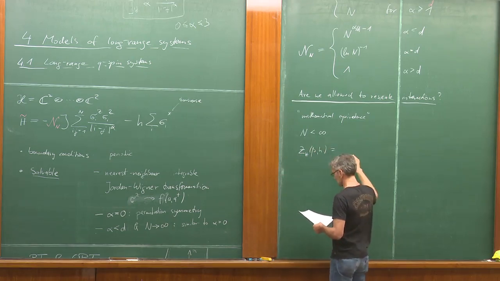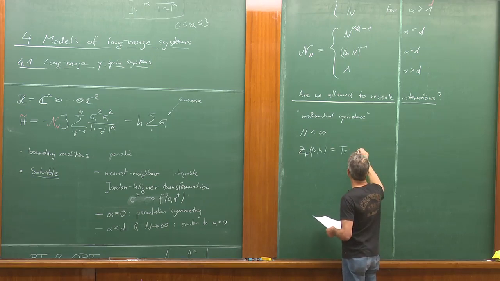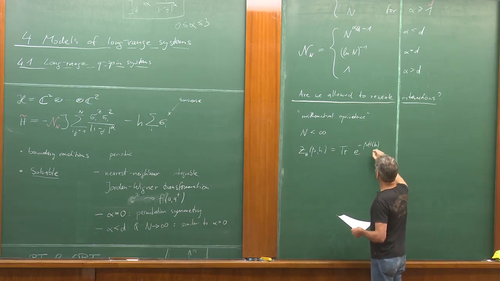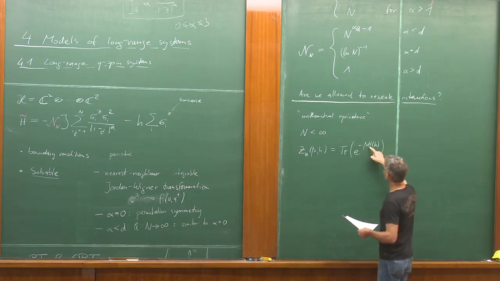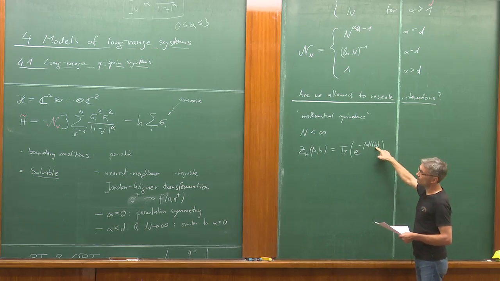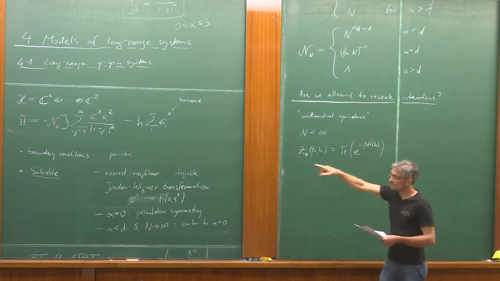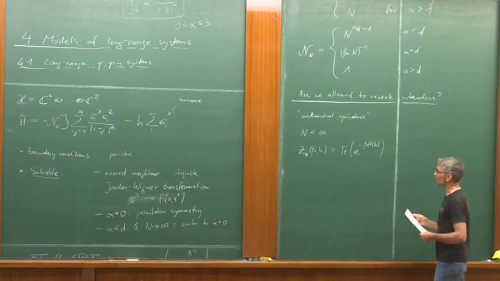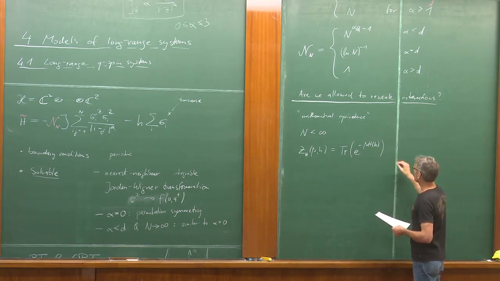And this is, of course, as you know, the trace of e to the minus beta H, which I call now H of the field h. This is the same Hamiltonian as here, but I want to have this field now as a functional dependence here.